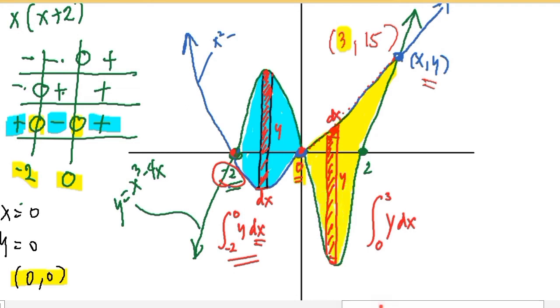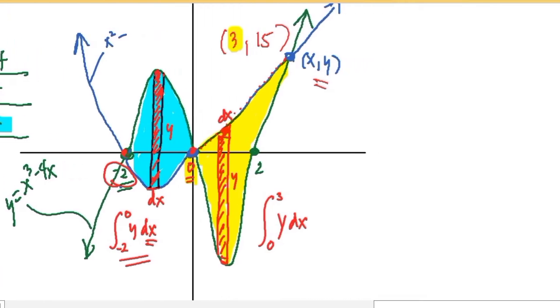So, evaluating our integral, we have here our area is equal to the integral from negative 2 up to 0. Since naka-y tayo, ang i-consider natin dyan is y up minus y low. So, ang y up natin is itong green.